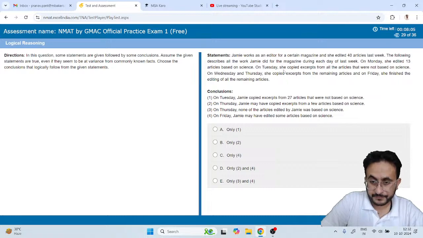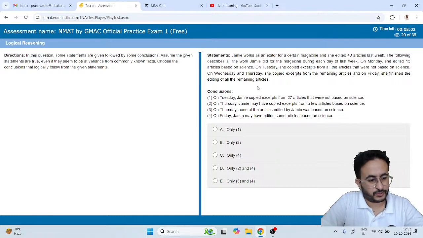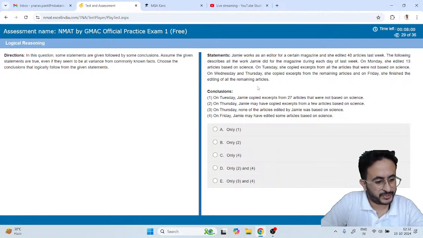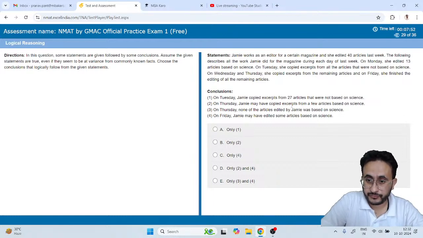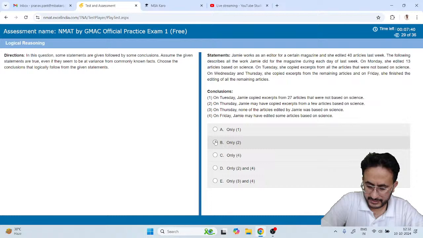There could be some other also; it's not necessary that all 27 are not based on science. Next says she may have copied excerpts from a few articles based on science. So yes, Thursday, a few articles from science. The second follows, edited remaining. So only the second and fourth can follow.